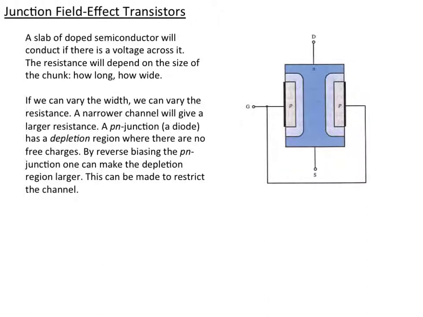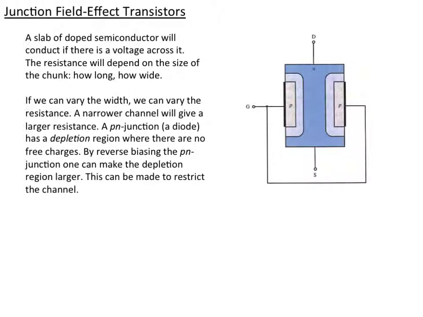So the way a field effect transistor works is that you can control the width of this conducting channel with a voltage. So in this case, here's the same N channel we had before, but if we add p-doped parts on either side, we can, by applying voltage, make this region narrower or wider.